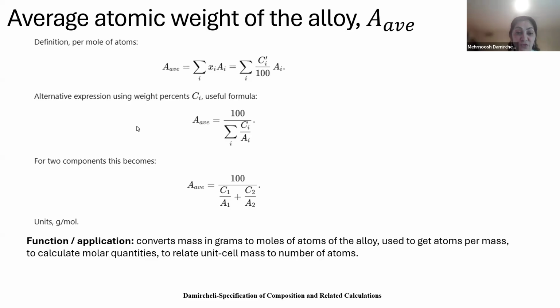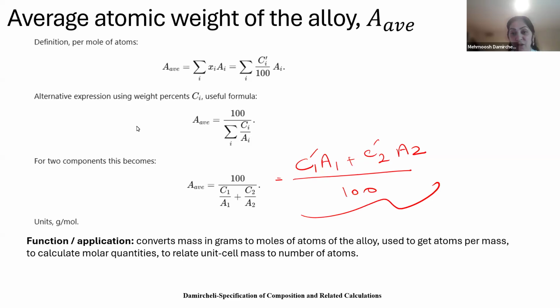So A average is (C1 A1 + C2 A2) per 100 if we have only two components, or we can write that as (C prime 1 A1 + C prime 2 A2) per 100. Here is the function of atomic percent, and here is the function of weight percent.